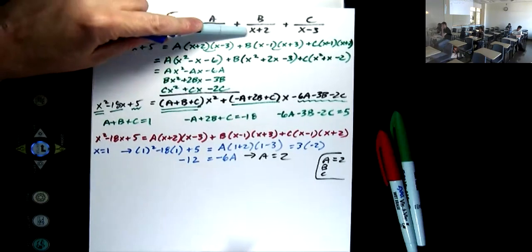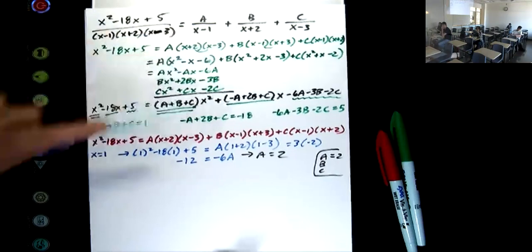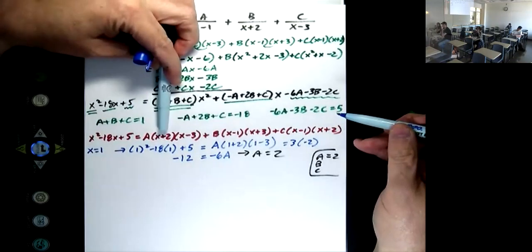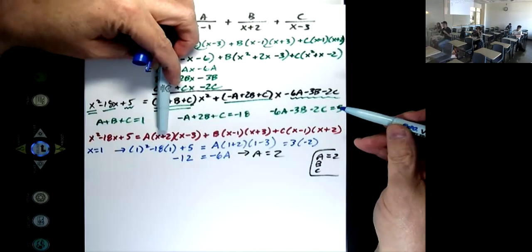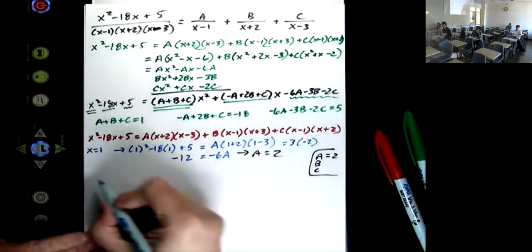If I stick in negative 2, this goes to 0. Will that help up here? If I stick in negative 2, the A is going to go away, and the C will go away. So negative 2 is a good value to stick in.